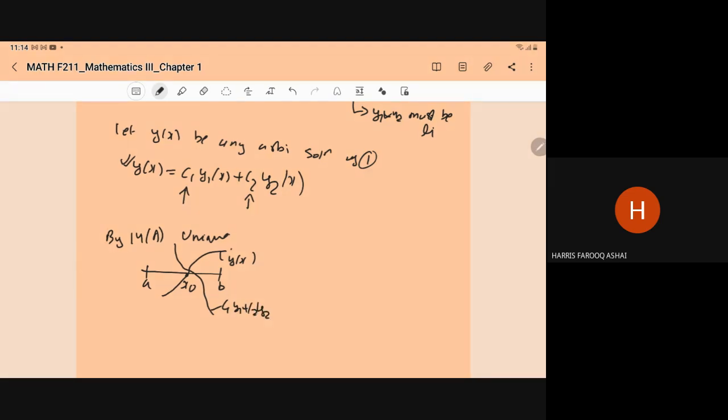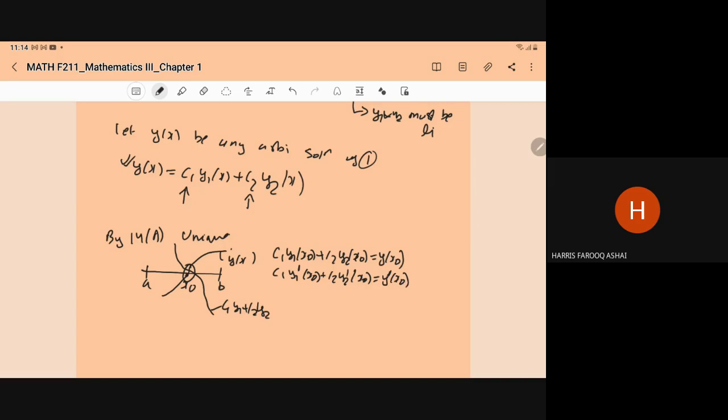But at this point we have c1 y1(x naught) plus c2 y2(x naught) equal to y(x naught), and c1 y1 dash (x naught) plus c2 y2 dash (x naught) equal to y dash (x naught).